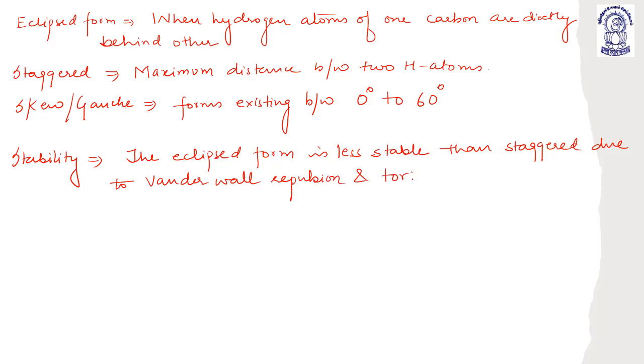The most unstable is eclipsed, then skew or gauche, which is the intermediate form, and then staggered.